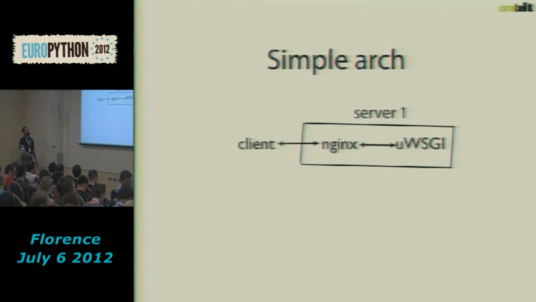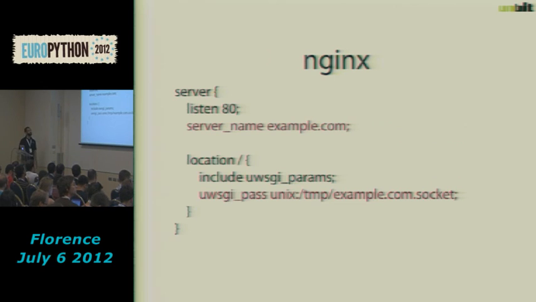We will start with a very simple architecture. We have a single server with nginx directly speaking with our client requests and passing requests to our backend application server, uWSGI. First step, configure nginx. This is for all of you more near to Apache style.